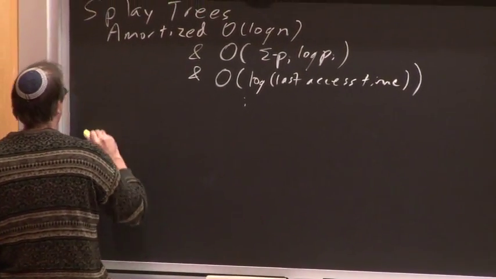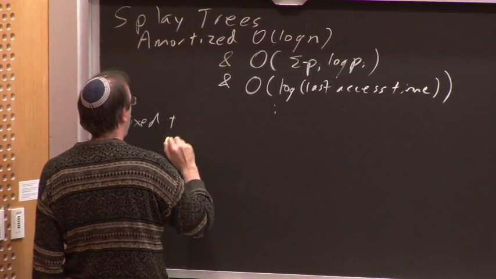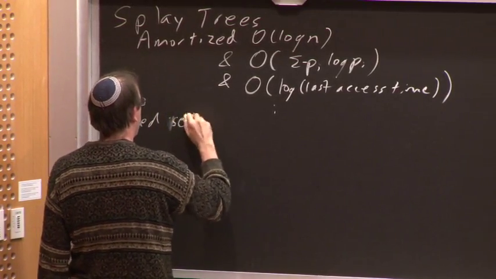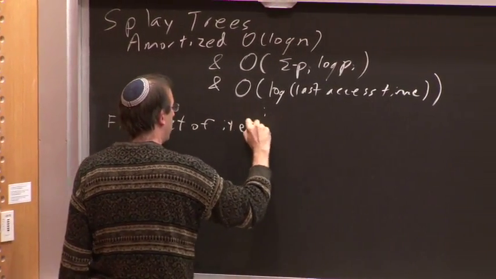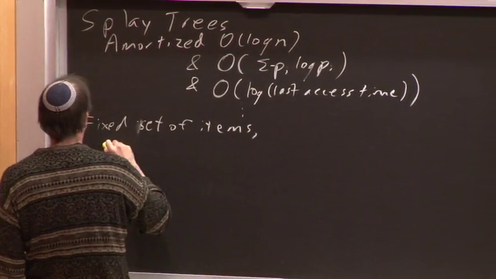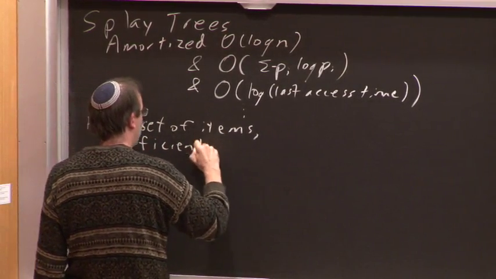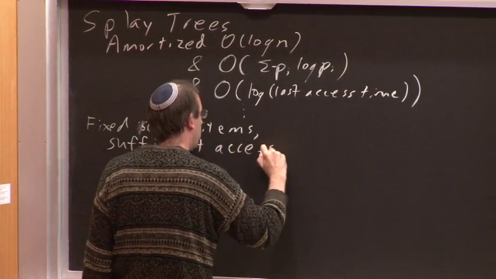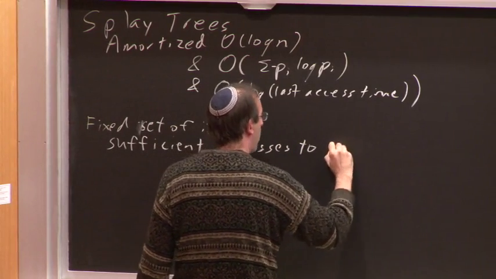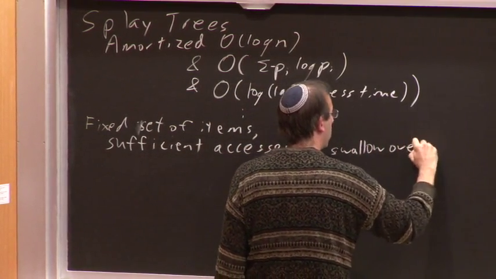But this was under the assumption of a fixed tree or a fixed set of items, and also on the assumption of sufficiently many accesses to swallow the overall potential change.